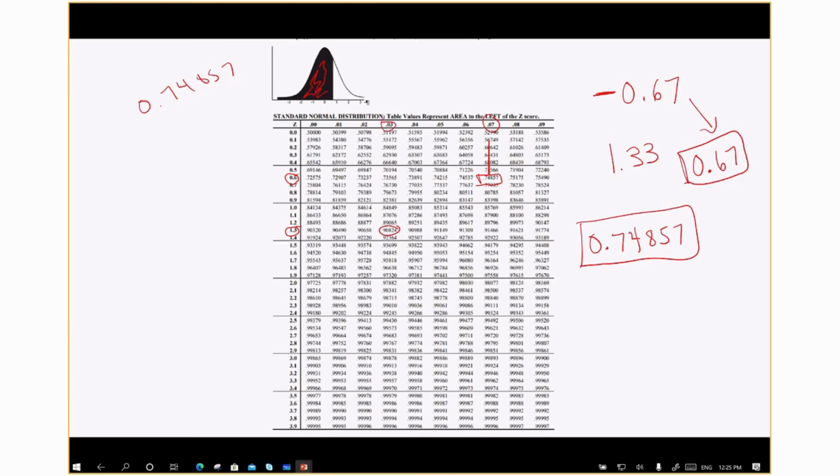And so the 1.33 translates into a value of 0.90824, which says that 0.90824 is the proportion lying in this area with a Z score less than 1.33. So, with those numbers in hand, we can do some calculations.